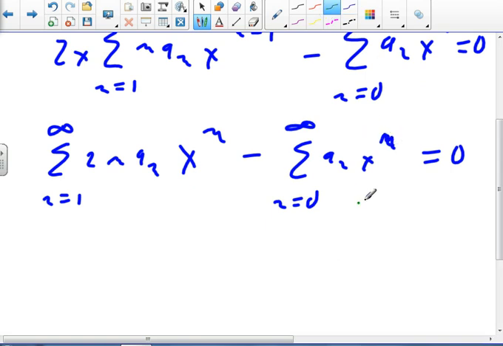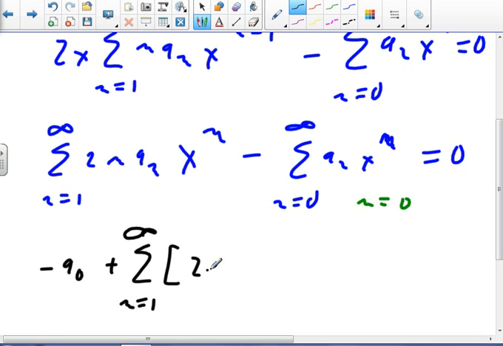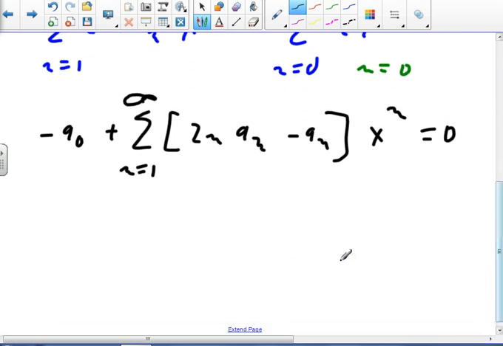I'm going to take the n equal to 0 term out of this guy. So I'm going to take him out and have minus a0. And then I'm going to have plus summation n equals 1 to infinity of 2n a_n minus a_n x to the n is equal to 0. Okay, well, that being the case, minus a0 has to be 0.